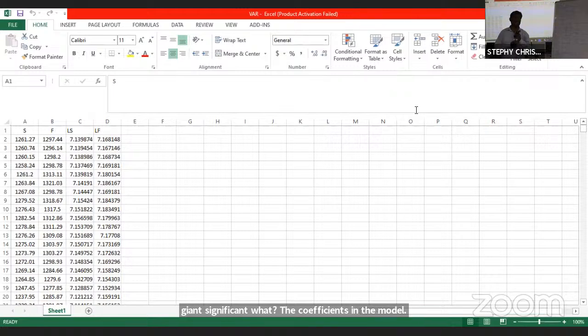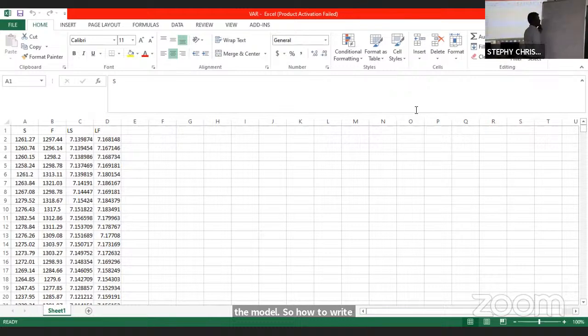So how to write? How many coefficients are here? H naught. Now, joint significance here. What is joint significance? Let's say beta 1 is equal to beta 2 is equal to 0, there is no beta 3.